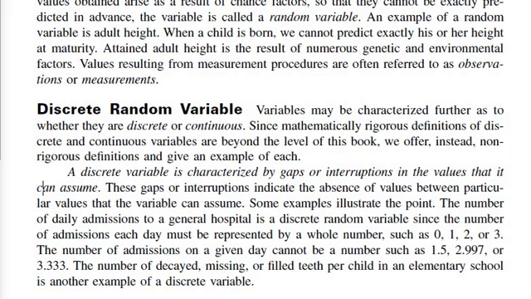Some examples illustrate the point. The number of daily admissions to a general hospital is a discrete random variable since the number of admissions each day must be represented by a whole number, such as 0, 1, 2, or 3. The number of admissions on a given day cannot be a number such as 1.5, 2.997, or 3.333. The number of decayed, missing, or filled teeth per child in an elementary school is another example of a discrete variable.